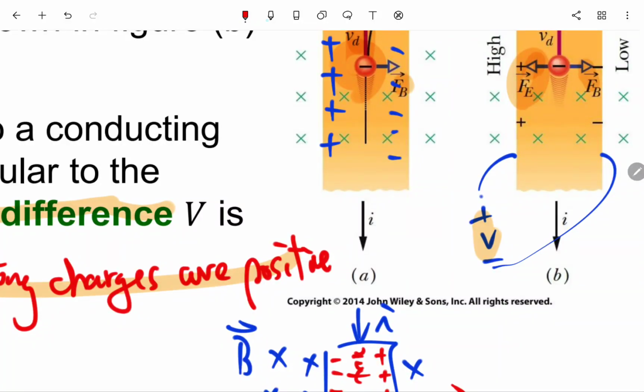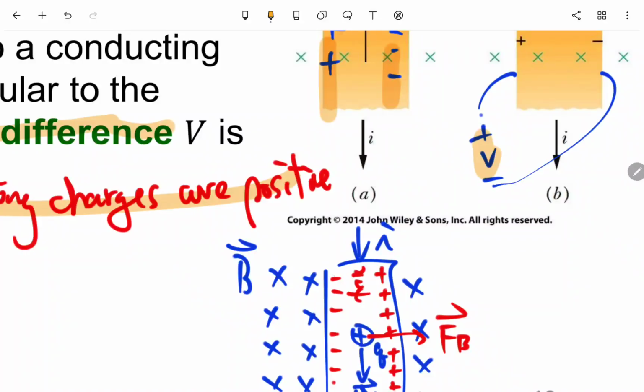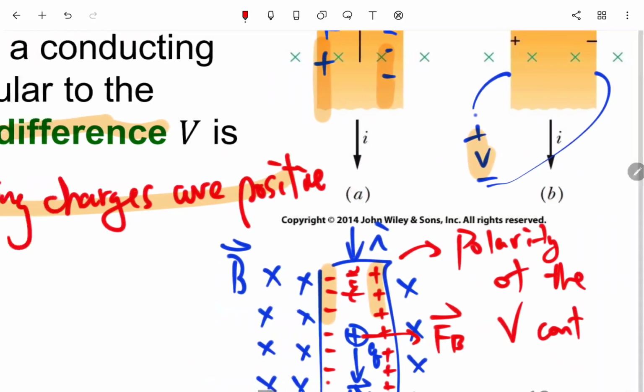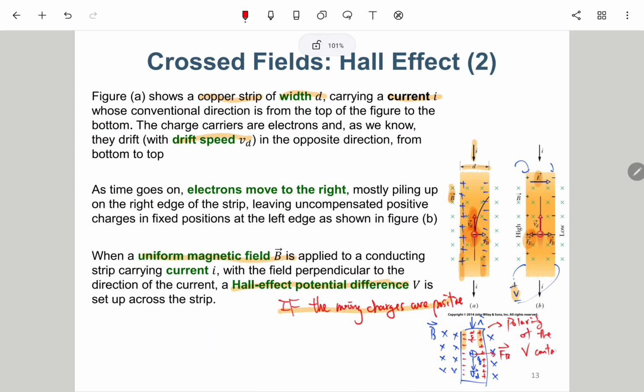the polarity, positive on the left side and negative on the right side, does not match the polarity of the Hall effect potential. Which means that the polarity of the V contradicts with the experiment.